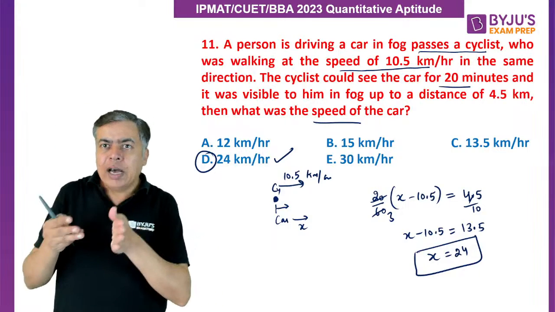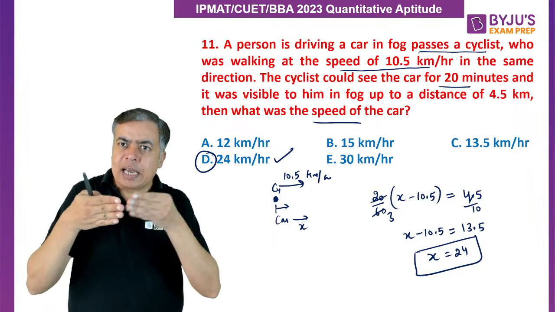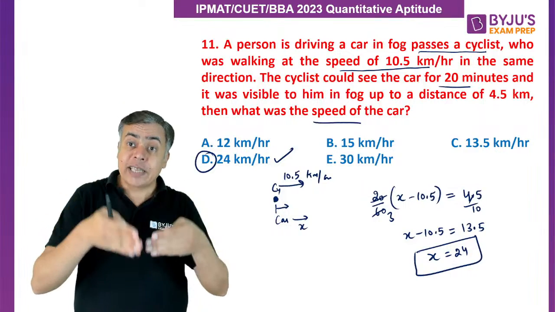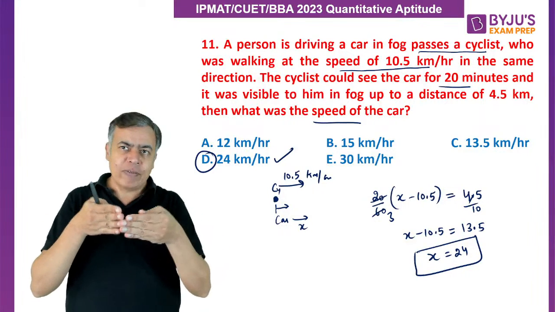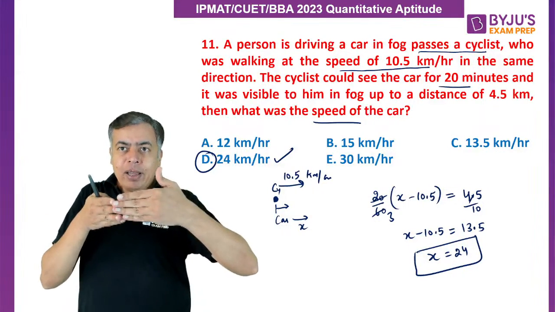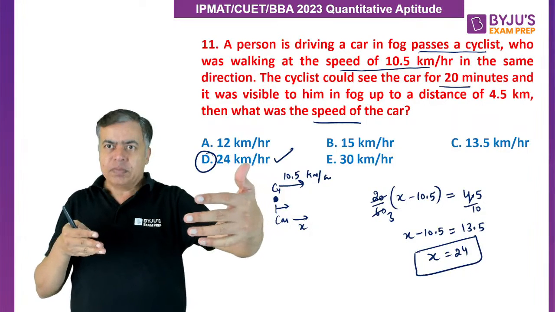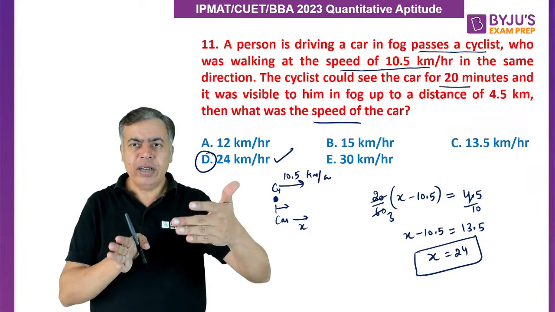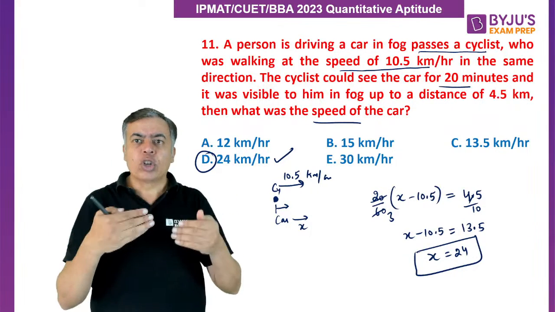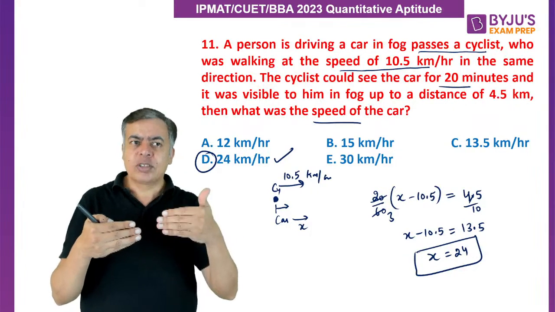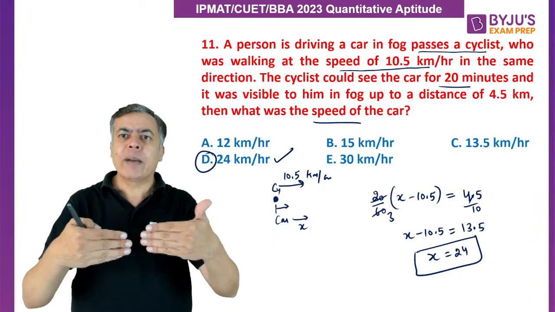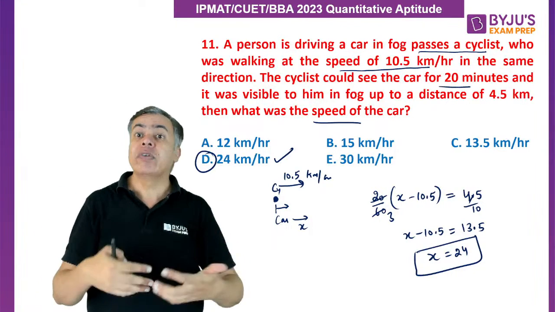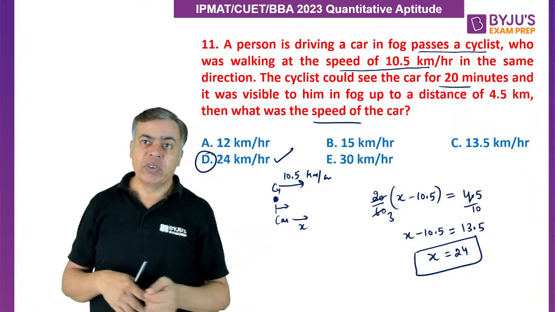When the car started crossing this cyclist, when they were at the same point, after that, in a frame of 20 minutes, the gap is created at a relative speed. If the car is also traveling at 10.5 and the cycle at 10.5, there will be no gap created. 10.5 minus 10.5 is 0, relative speed will be 0.